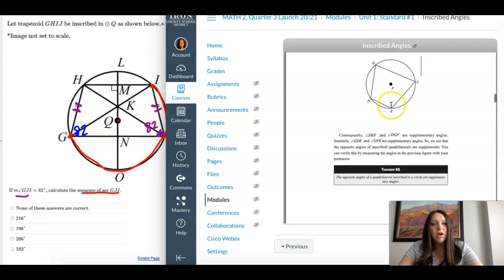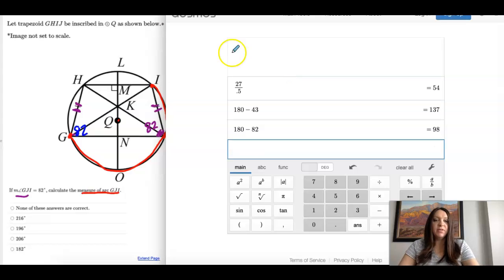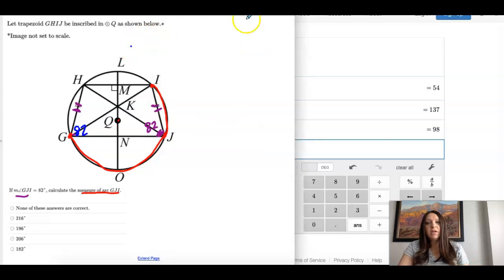So that means the opposite angles of a quadrilateral add to 180. So if I take 180 minus the 82 we were given, and I go across the quadrilateral, this will be 98, and this will be 98. So now I know all my angles, so now I need to figure out how to get some arc lengths here.